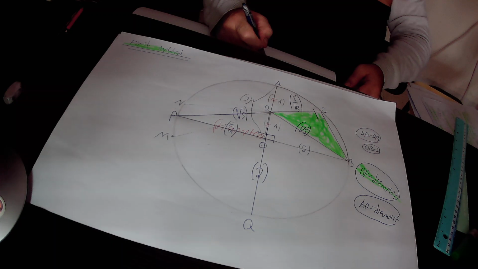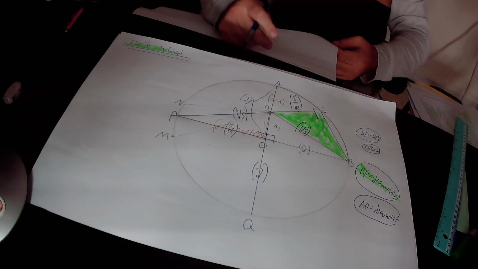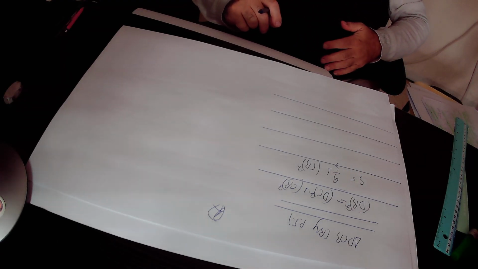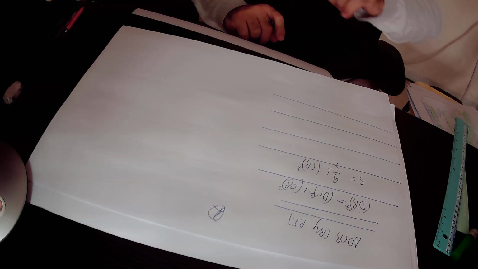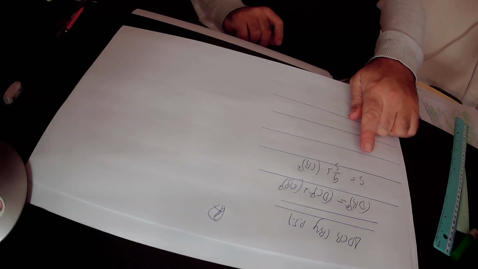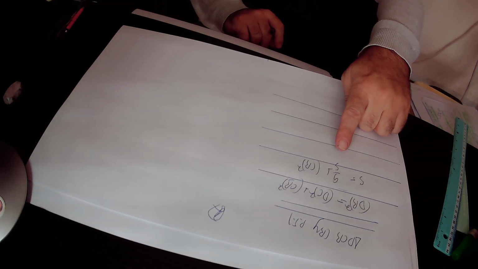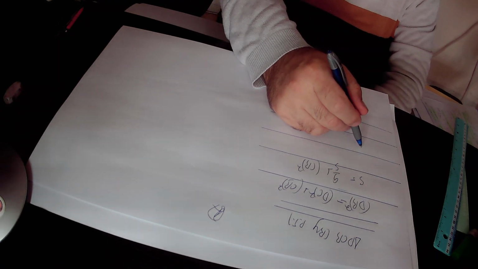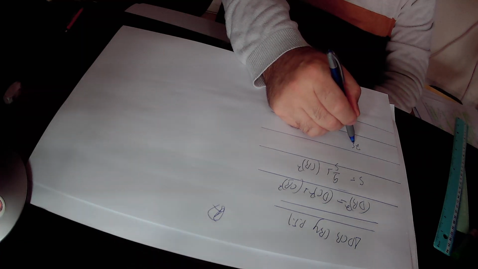So in total, we found that 5 equals 9/5 plus CB squared. Here we will multiply 5 by 5 and then divide it by 5 in order to account for this number. 5 times 5 is 25 divided by 5.